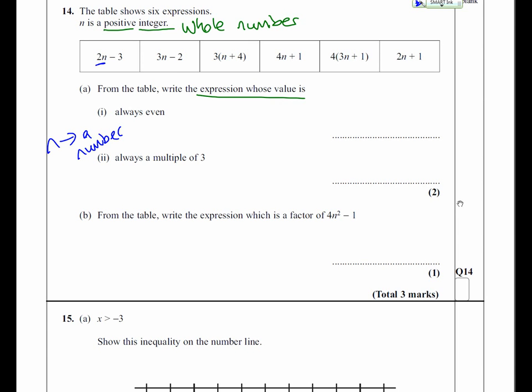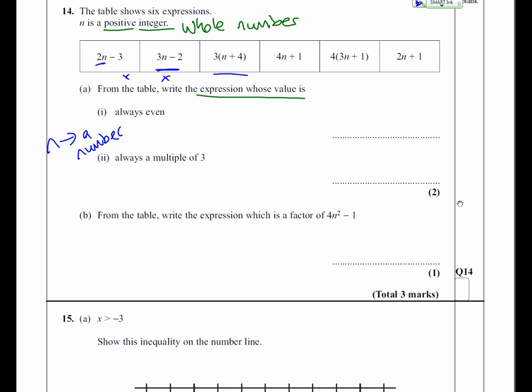Next one, 3 times a number take 2. Well, if you did say 3 times 6 is 18, take 2, yes, you get 16, which is even. However, if you do 3 times 1, take 2, you get 1, which isn't. So it's not that, it's not that.